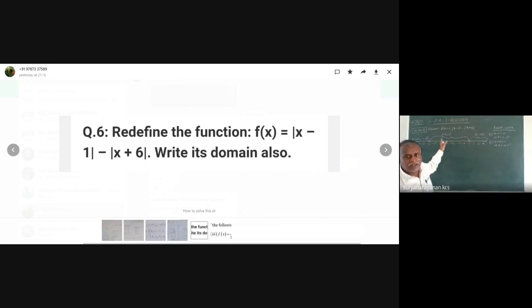If x is less than minus 6, okay, so if you transpose minus 6 to RHS, it becomes plus 6. So x plus 6 is less than 0. So x plus 6 is a negative number.